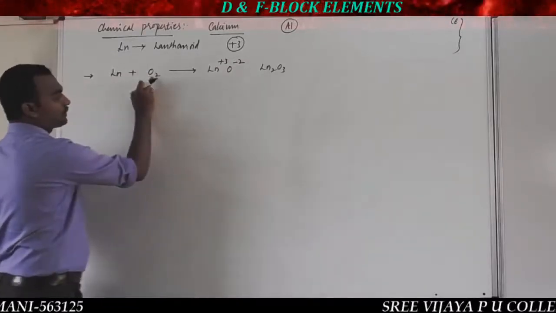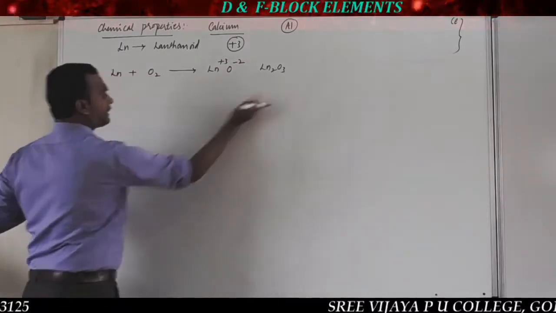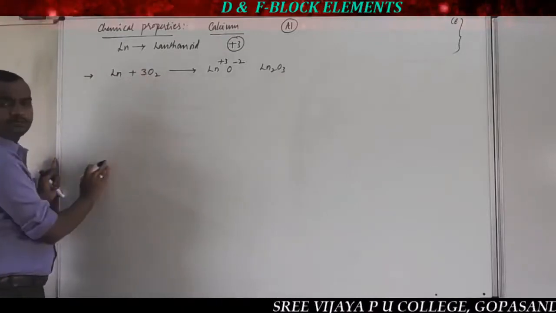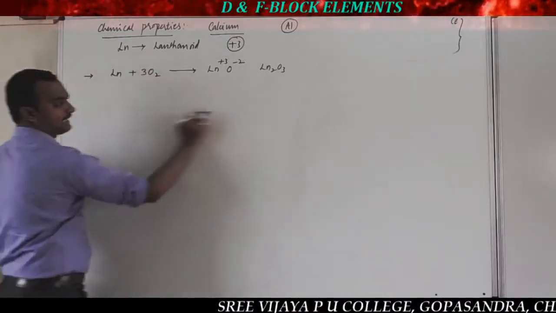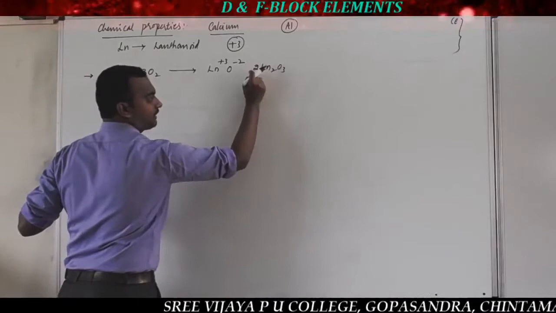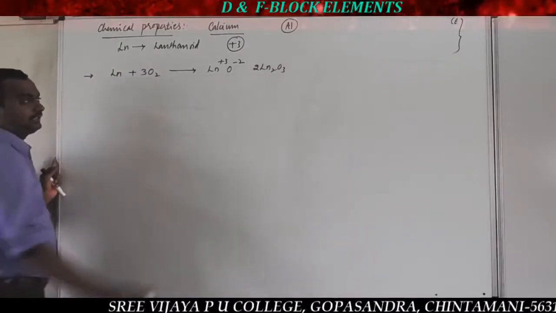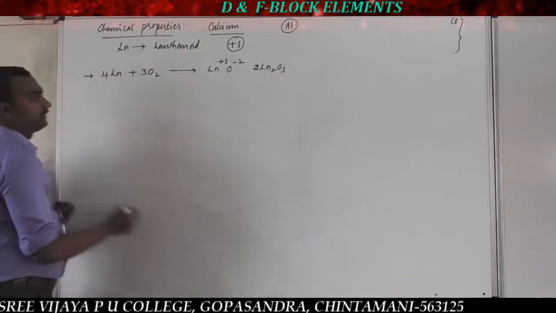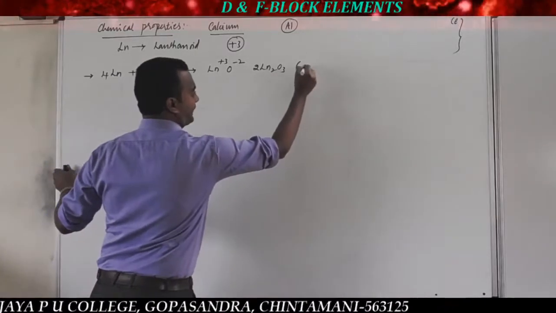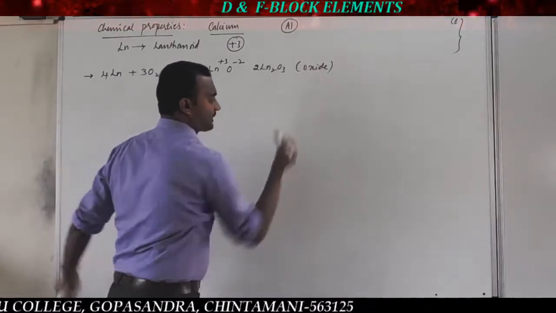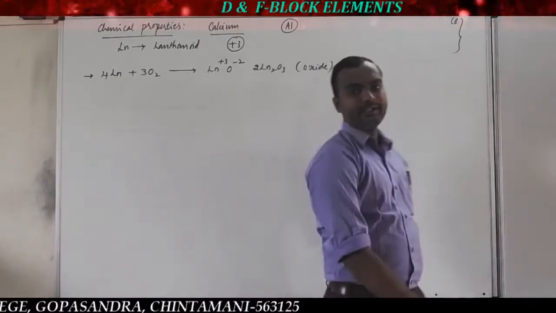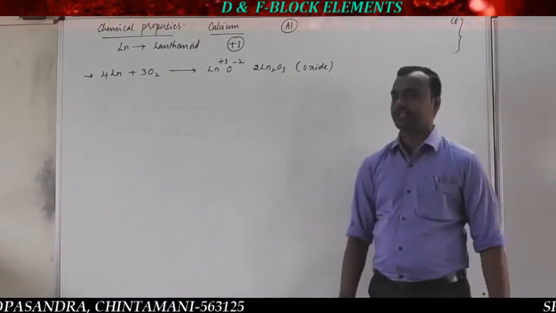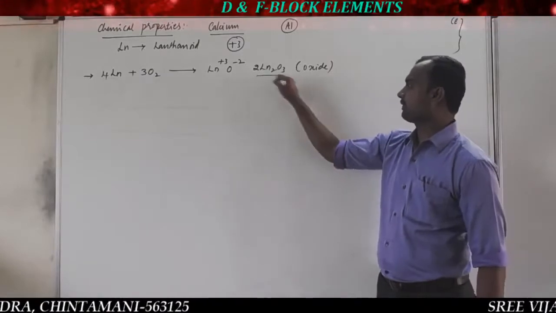Here there is 2, here 3, so I am going to put 3 here: 3 2s are 6. Since there is 3 here, put 2 here, 3 2s are 6, correct. Then lanthanide becomes 4. So this is taken as lanthanide oxide. Lanthanide reacts with oxygen to give oxides. So this is the composition.